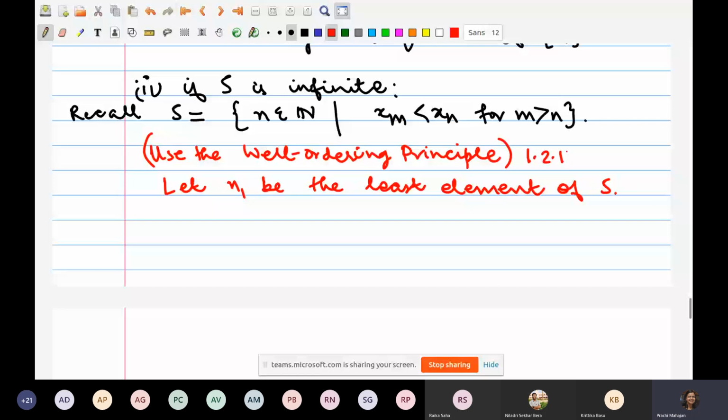Let me write down at least the statement here for clarity, for those of you seeing it for the first time: every non-empty subset of natural numbers has a least element.